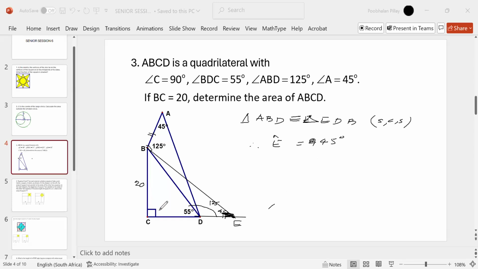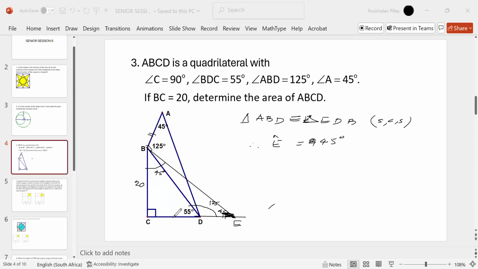But wait a minute, you've got a right angle triangle here. And this angle is 45. So what does that mean? It means that this angle here is also 45. And the remaining angle of this right angle triangle, this angle 45 is an angle in a right angle triangle. So, but now you've got a triangle with two angles of 45.